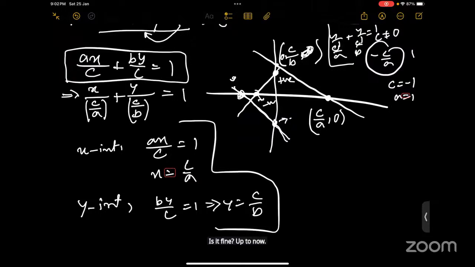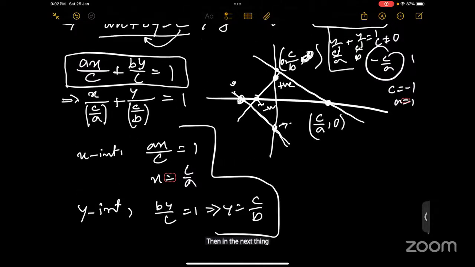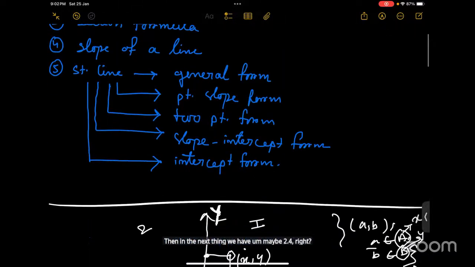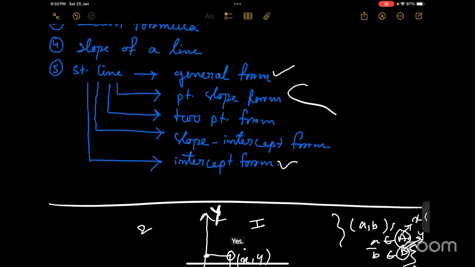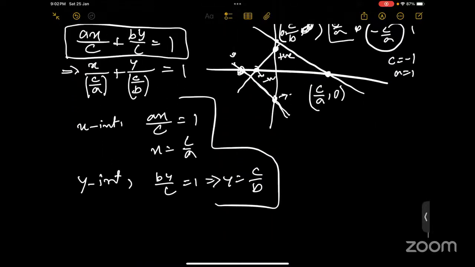Okay. Then the next thing we have is maybe the 2-point form, right? We have the point slope form, and we covered the general form and intercept form. So we have these forms: point slope form, 2-point form, and slope intercept form. So what is the 2-point form?